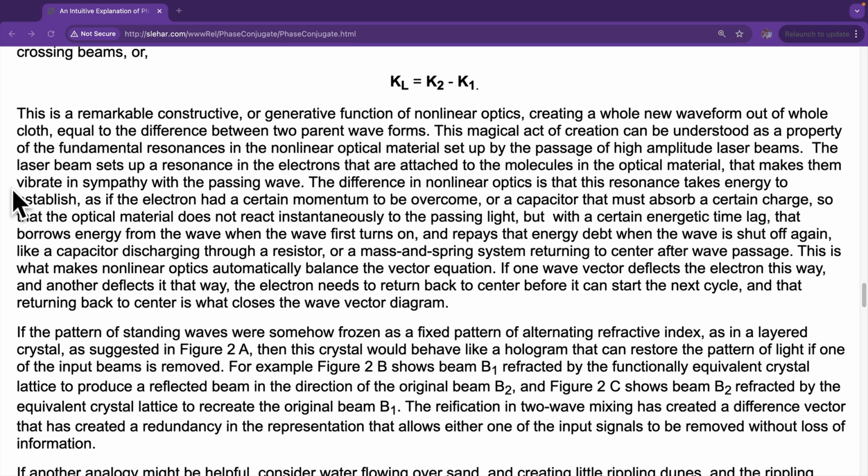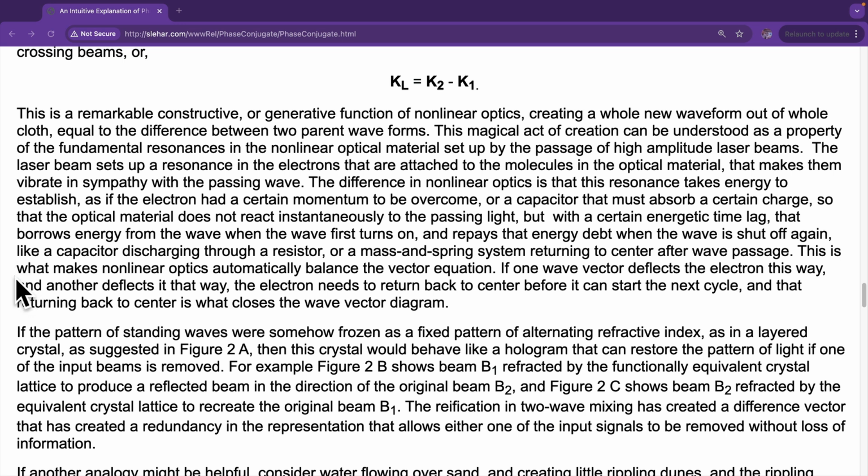The difference in nonlinear optics is that this resonance takes energy to establish, as if the electron had a certain momentum to be overcome, or a capacitor that must absorb a certain charge, so that the optical material does not react instantaneously to the passing light, but with a certain energetic time lag that borrows energy from the wave when the wave first turns on, and repays that energy debt when the wave is shut off again, like a capacitor discharging through a resistor, or a mass and spring system returning to center after wave passage.